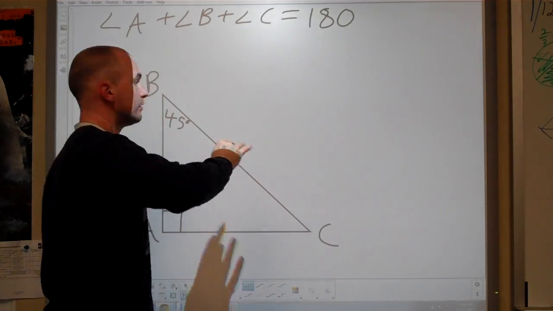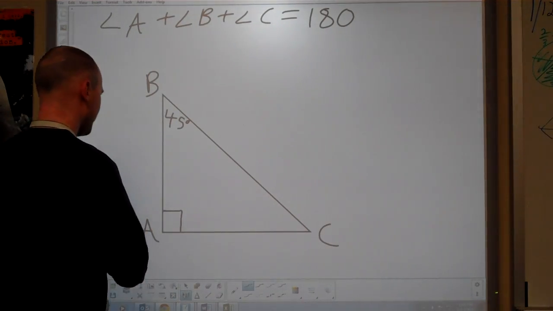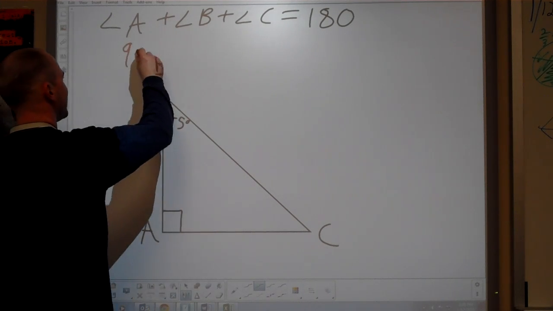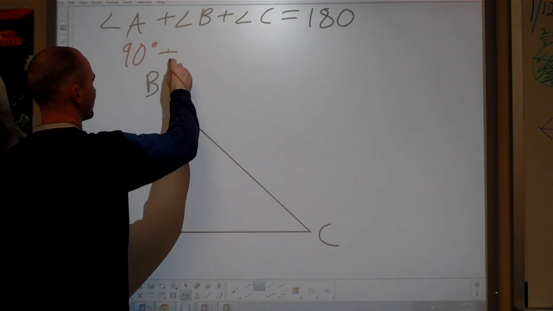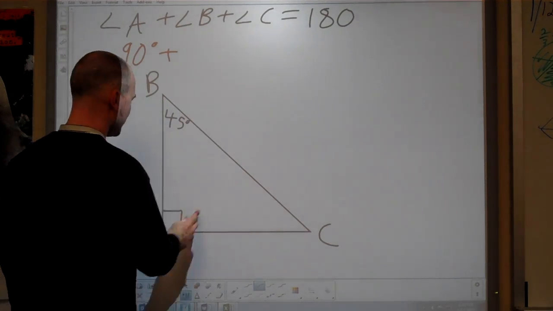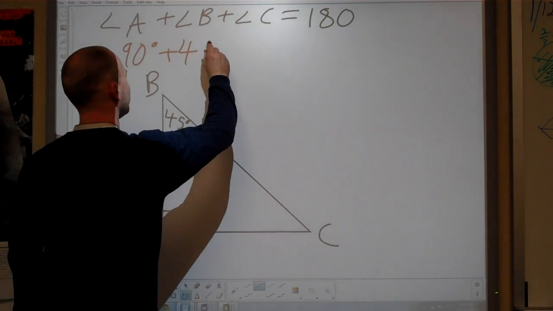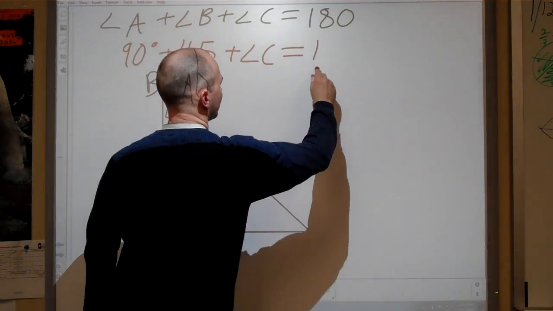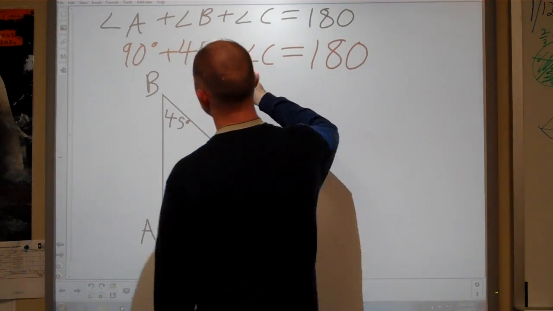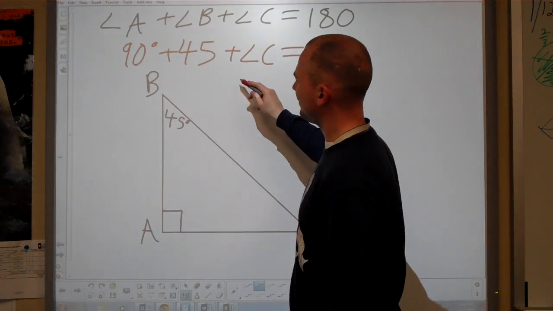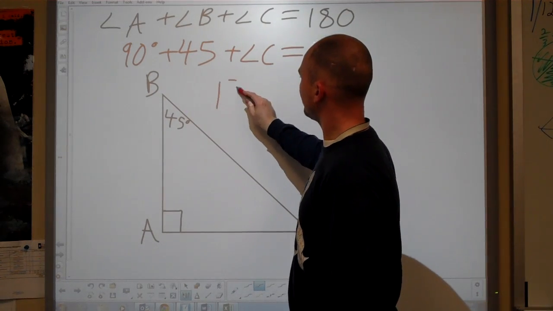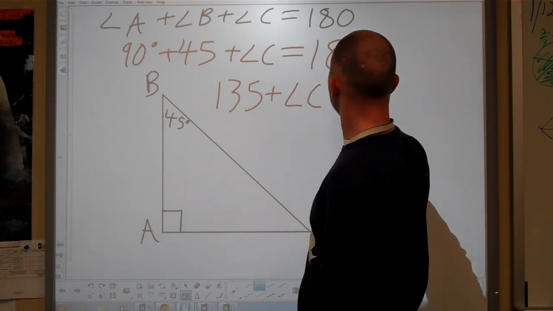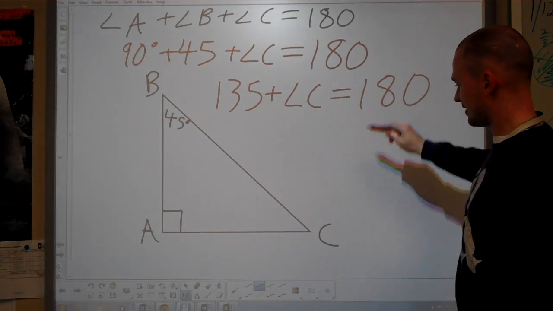For any triangle, they add up to 180. So angle A, I'm going to substitute what I know. Angle A is 90 degrees, that's my degree sign, plus angle B is 45 here, plus angle C, they all add up to 180. So 90 plus 45, oh, that's 135. So 135 plus angle C equals 180 degrees.